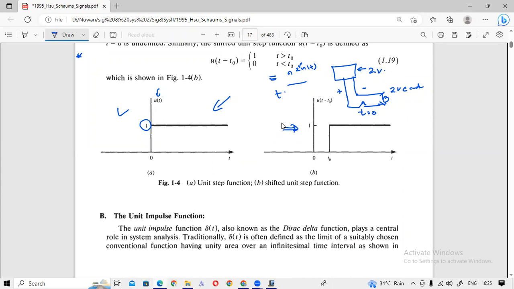So if we apply the time shifting technique, we can shift this unit step function. So this is the shifted unit step function.